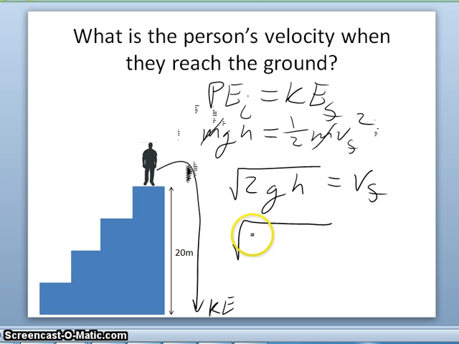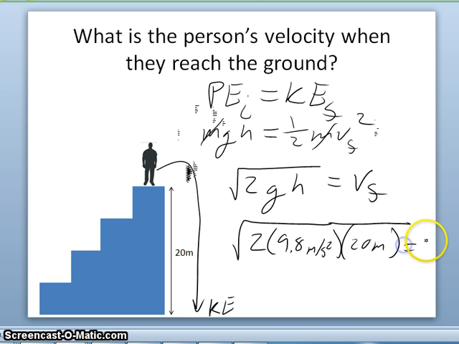So I can say that 2 times 9.8 meters per second squared times his height, which is 20 meters, will equal our final velocity, which is the square root of 2 times 9.8 times 20, about 19.8 meters per second.